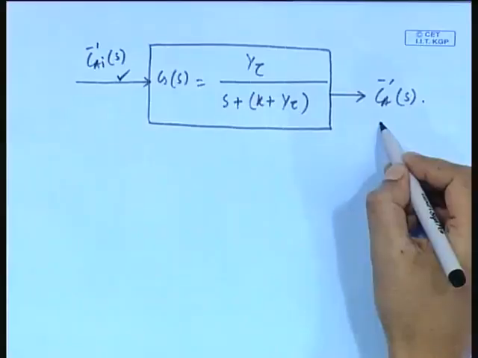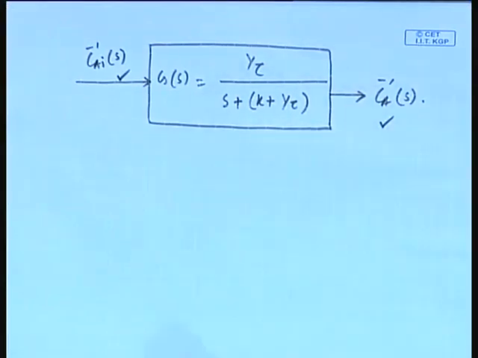So, this block diagram is represented in terms of concentration, not in terms of flow rates, because we have already assumed the volume of the reactor is constant. This is the input concentration Cai and this is the output concentration. So, this is the block diagram for the example CSTR.